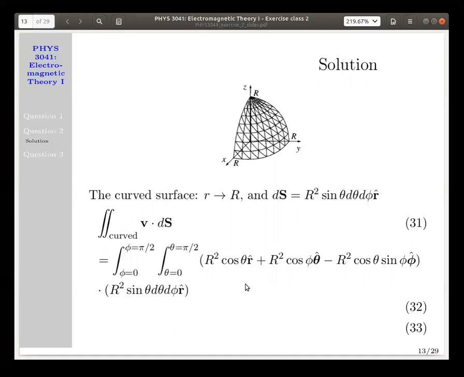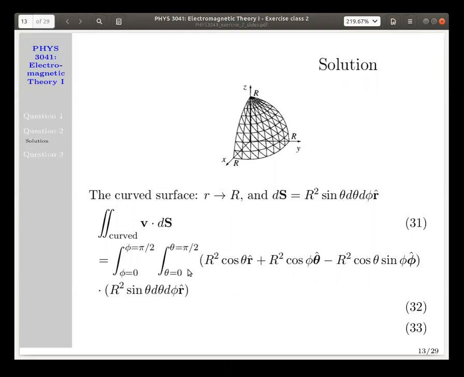In spherical coordinates, R hat, theta hat, and phi hat form an orthonormal basis, which means R hat dot R hat is 1, but R hat dot theta hat and R hat dot phi hat are equal to 0. So in the dot product here, only the R component of the vector field will survive.